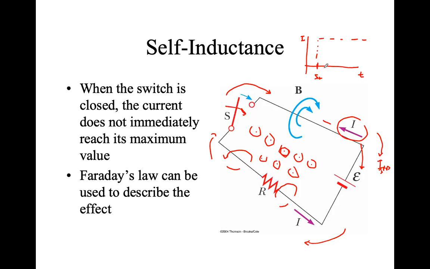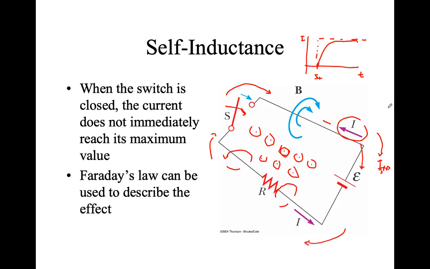In fact, and we'll show this on Friday, it must kind of increase slowly until eventually the battery overwhelms the current created by electromagnetic induction, by Faraday's law, by Lenz's law. Okay, the battery's going to win eventually. It's got much more energy available, but it is not possible to instantaneously jump up. All right, this idea is called self-inductance. The current in a loop creates a magnetic field in a loop which creates a current which opposes the current which creates it in the first place.